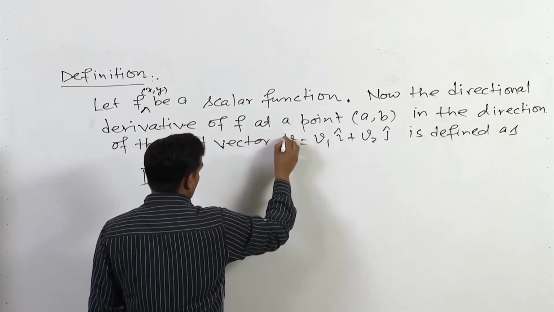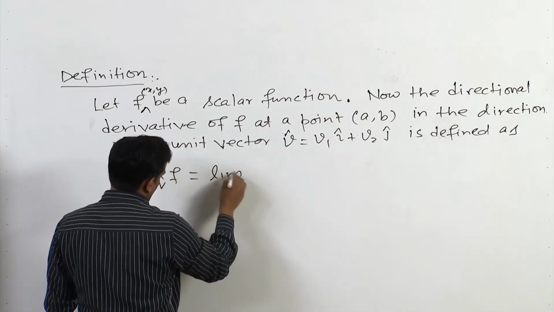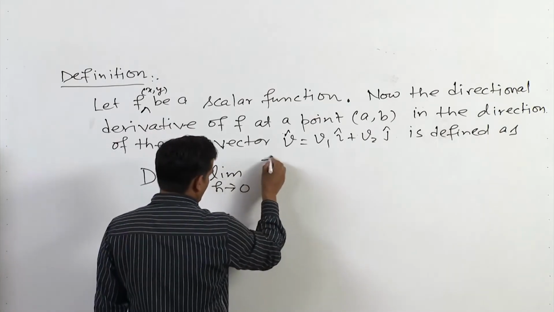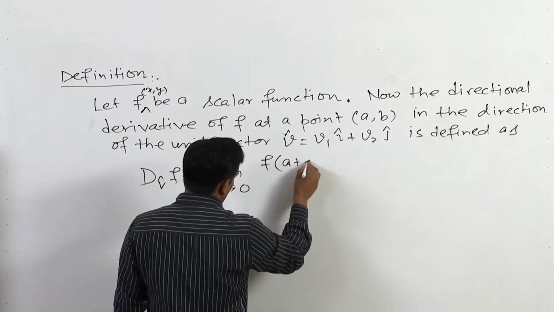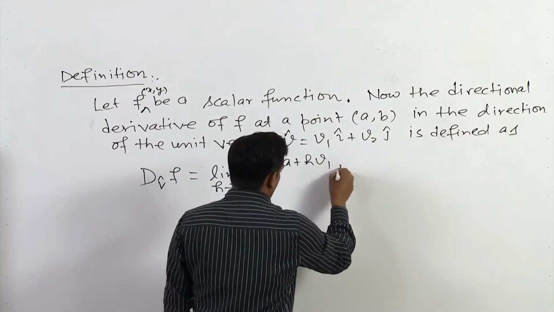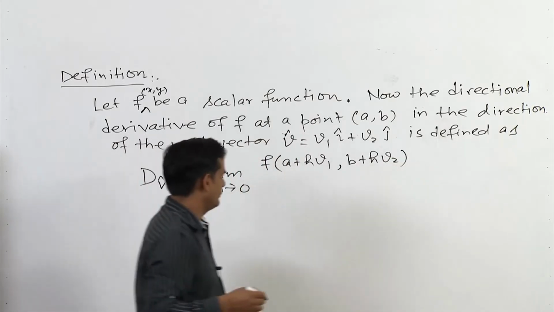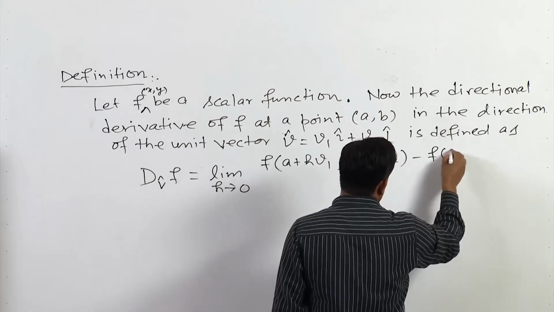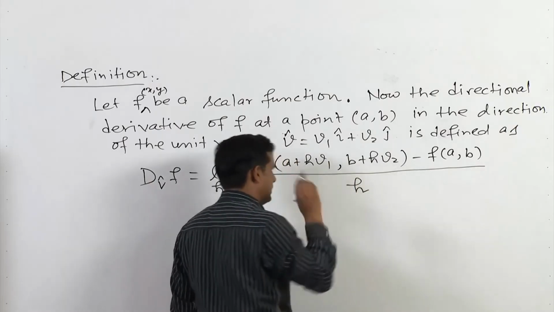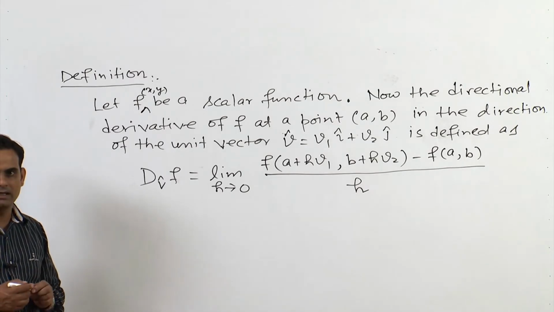Here v is a unit vector. This is the mathematical definition of the directional derivative.